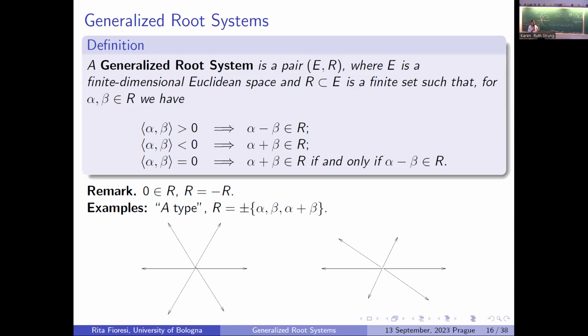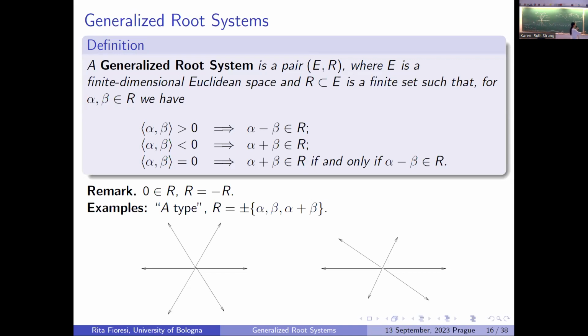And at this point you may think, wait a moment, Fioresi, what are you talking about? In superalgebras, there is no such thing as a positive definite product, but be with me, we will find it, okay? All the examples that we saw a little while ago are examples of this, though to prove it takes some time, but we will get there.